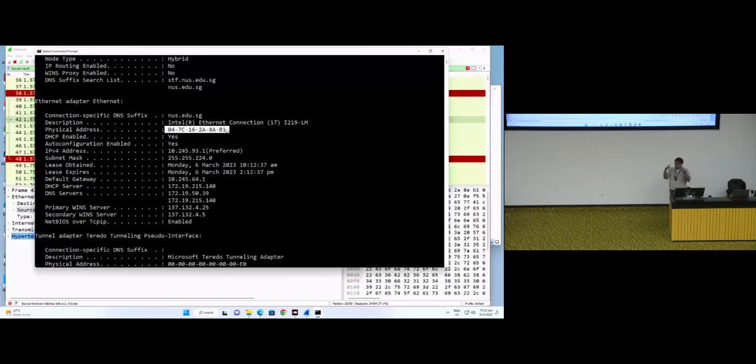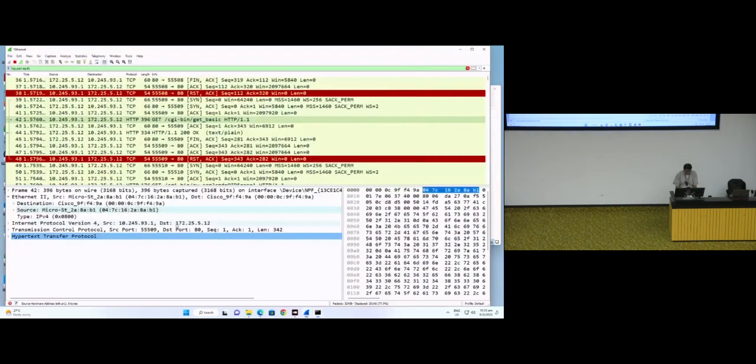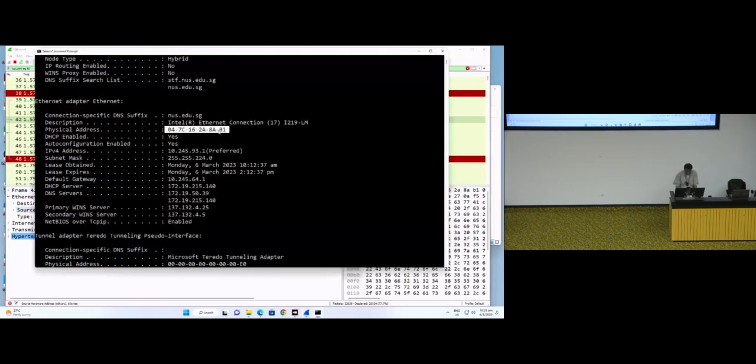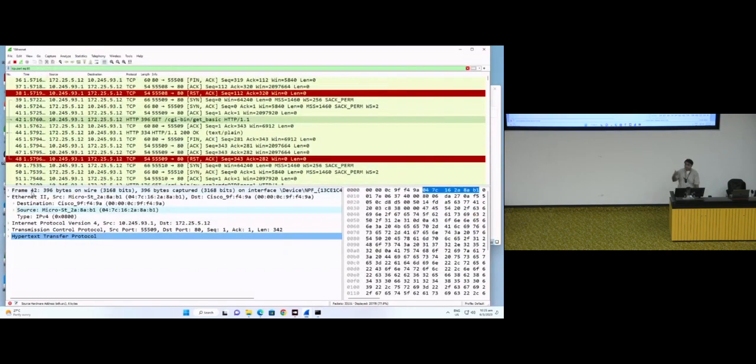Remember, the MAC address is something that's tied to a specific network interface. So 047C16, 047C16, and then I think you can check the rest. 2A8AB1, 2A8AB1. So this is good. At the link layer, the Ethernet source MAC addresses match.